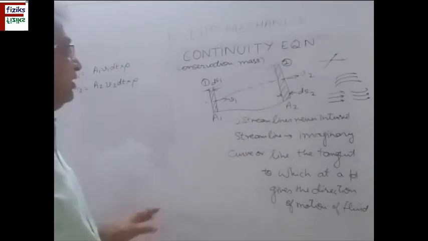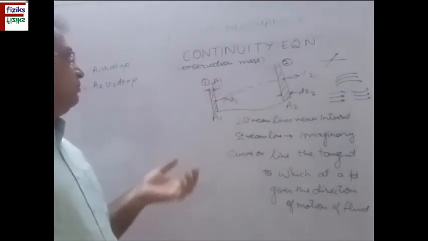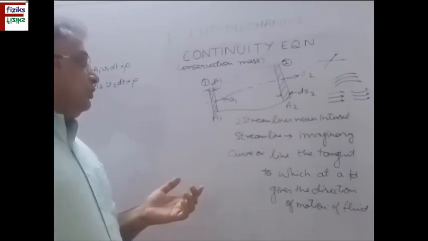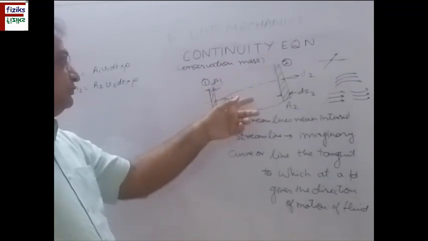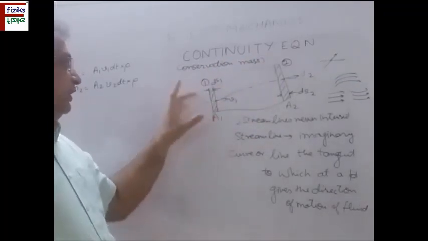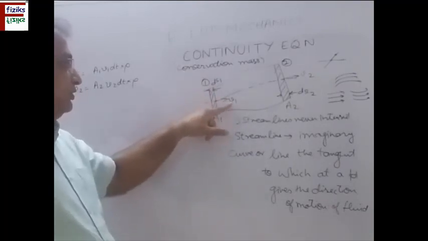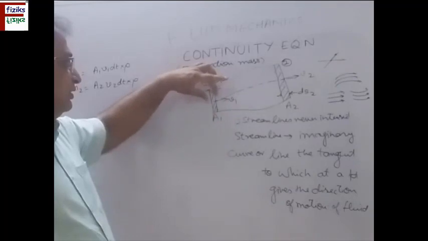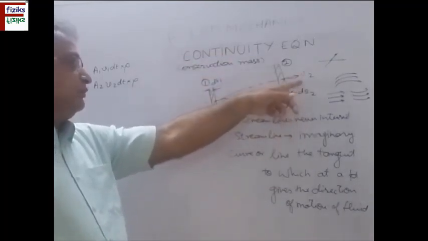Now let us discuss the continuity equation, which is nothing but the equation of conservation of mass. So we know that the mass of the fluid entering a system, maybe a pipe, through which the fluid is entering here. Area of cross section of the fluid is A1 and velocity of the flow is V1. ds1 is the length of this small element, and here these quantities are A2, ds2 and V2.